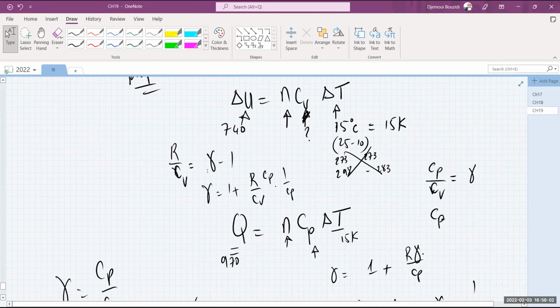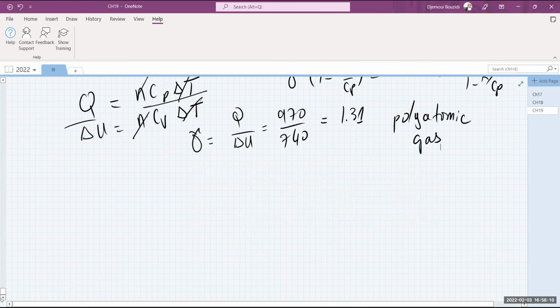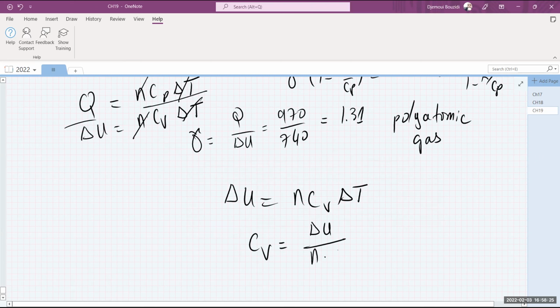You guys probably need to do the other two to verify that they're correct, okay? So we need to check that if I find CV and plug it into this expression. I can find delta U from this expression, N CV delta T, and that's why they gave us delta T, to be able to calculate CV. So we'll find CV from this expression: delta U, which is 740, divided by N, which is 1.75, divided by delta T. That gives me CV.